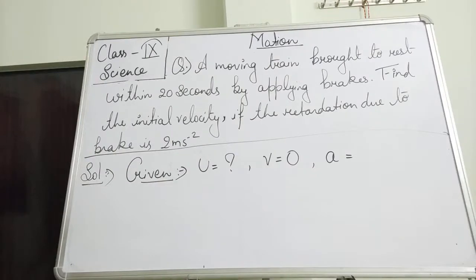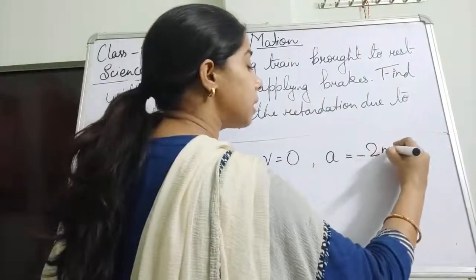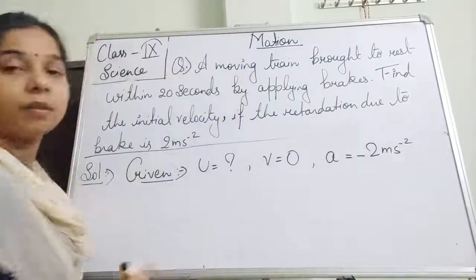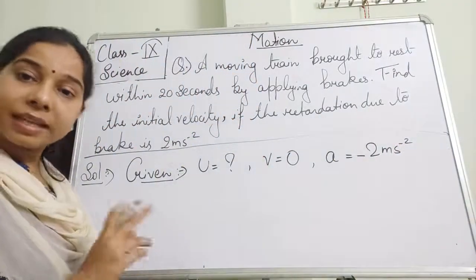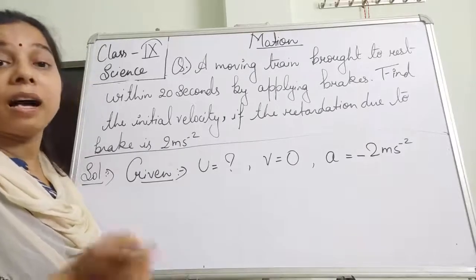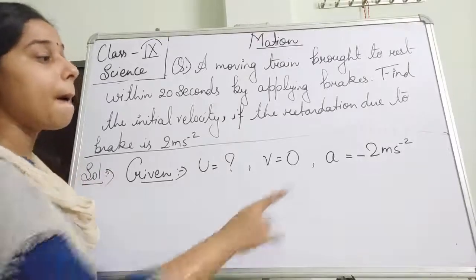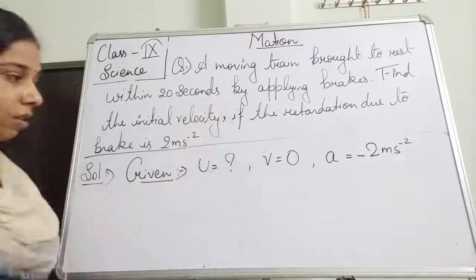So retardation will be mentioned by minus 2 meter per second square. Acceleration is there, students, but that is a negative acceleration, and we also call it minus or retardation.